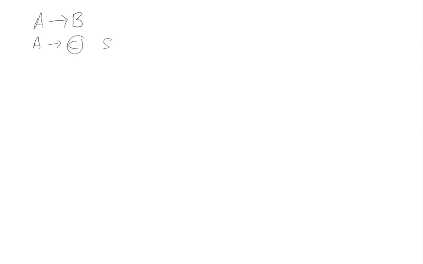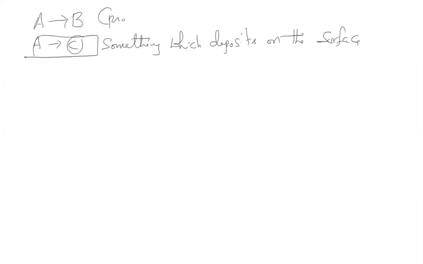B is my product, but A can also form a product which deposits on the surface. This is called parallel deactivation.